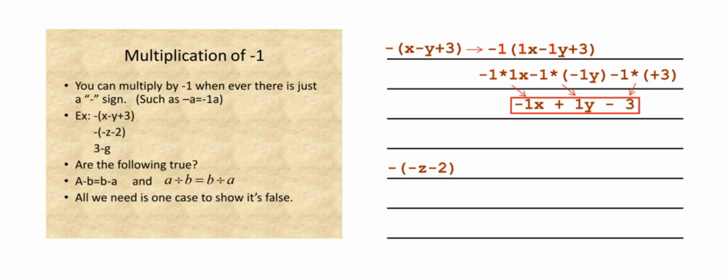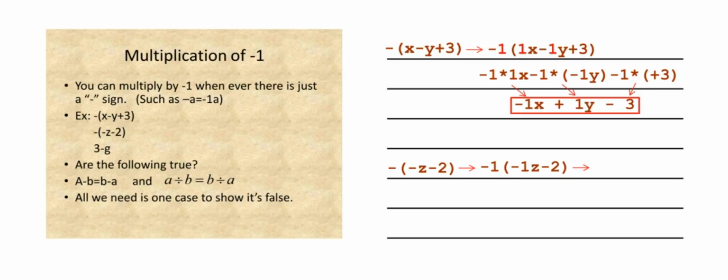Okay, let's try the next example. We have negative, in parentheses, z minus 2. After the negative signs, except for at the negative 2, we can put a 1 in between. So between the negative and the parenthesis, and between the negative and the z, we can put a 1.